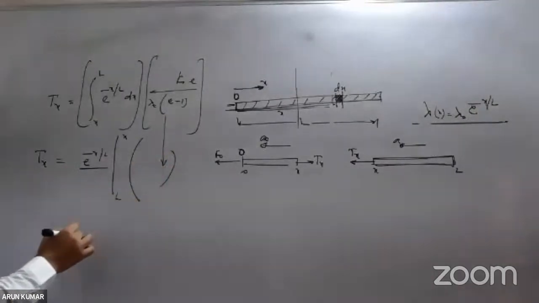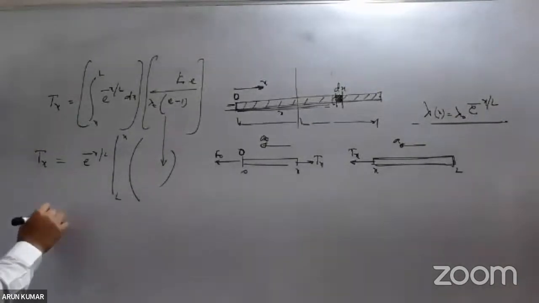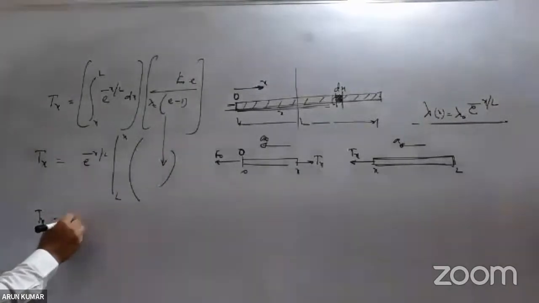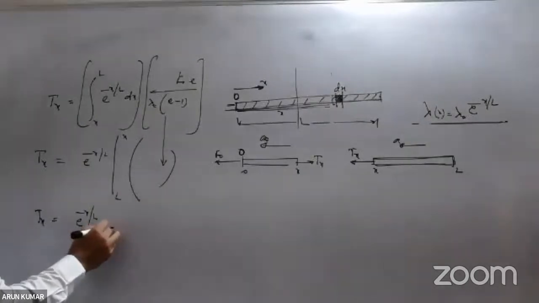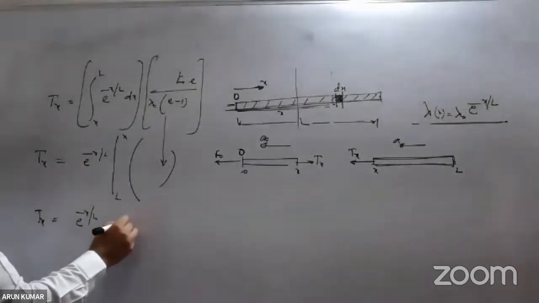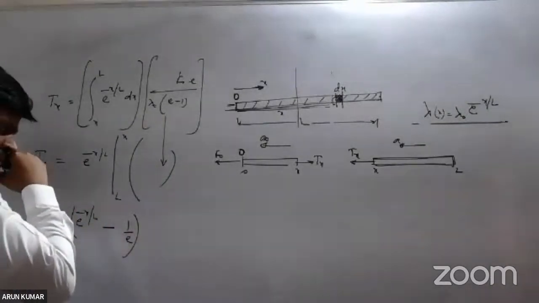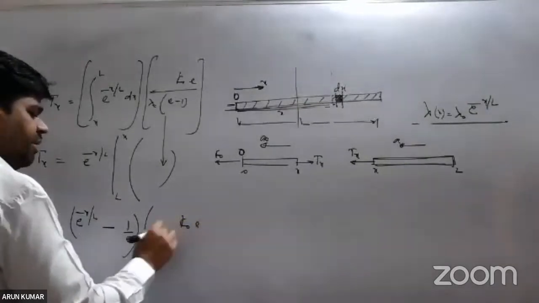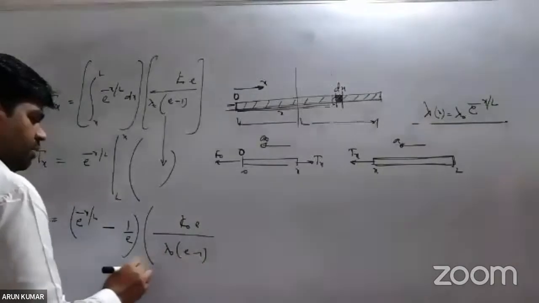Can you further simplify this and tell me the last expression? Tx is equal to e power minus x by L minus 1 by E, into F naught E by lambda naught into E minus 1.